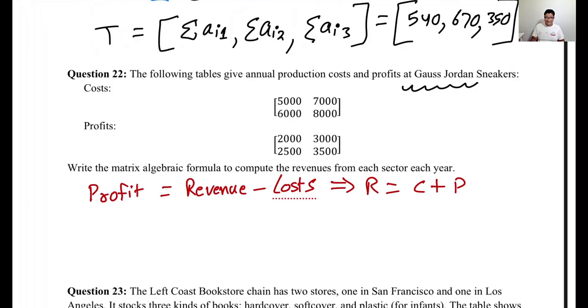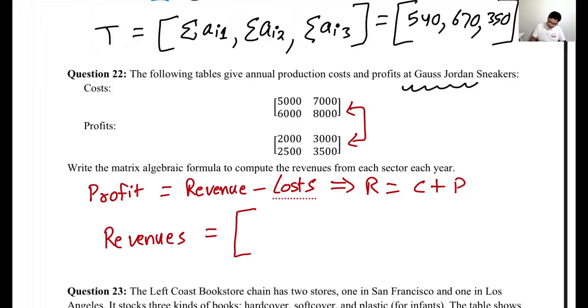Take it to the other side and add it. And the matrices you have here are cost and profit matrices. So your revenue matrix will be the sum of them.